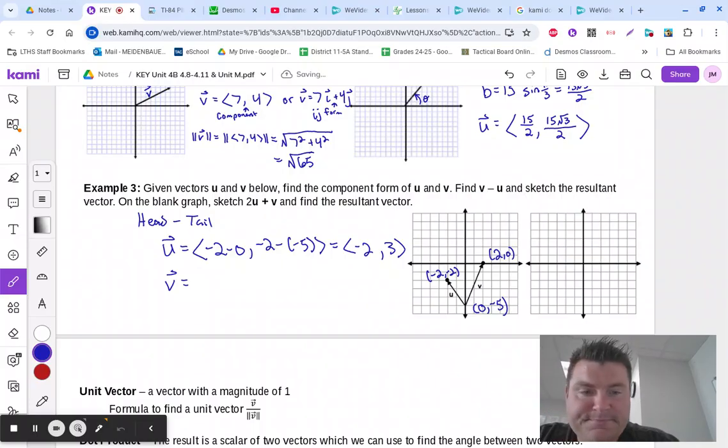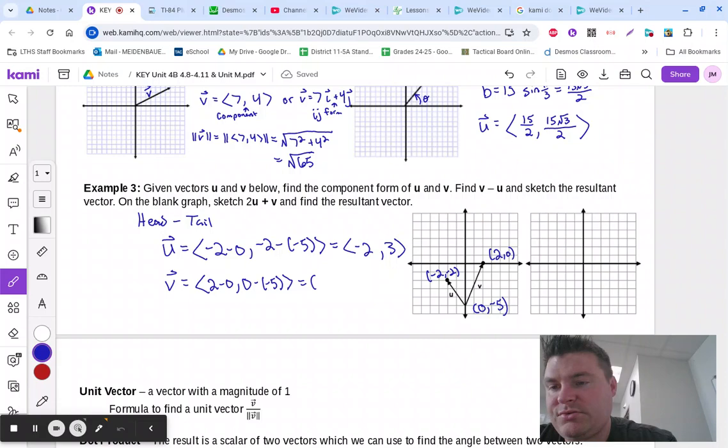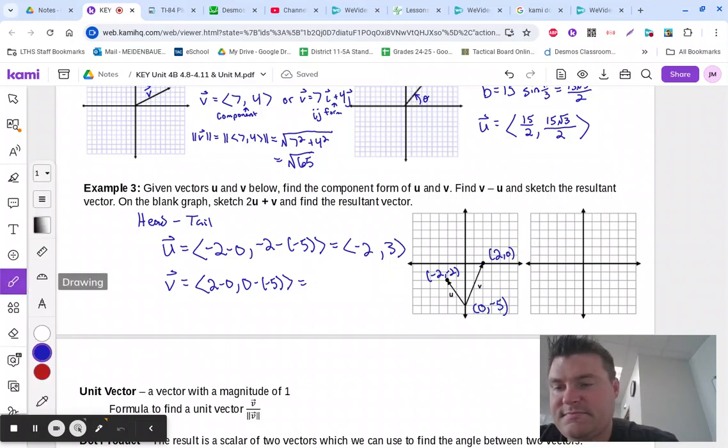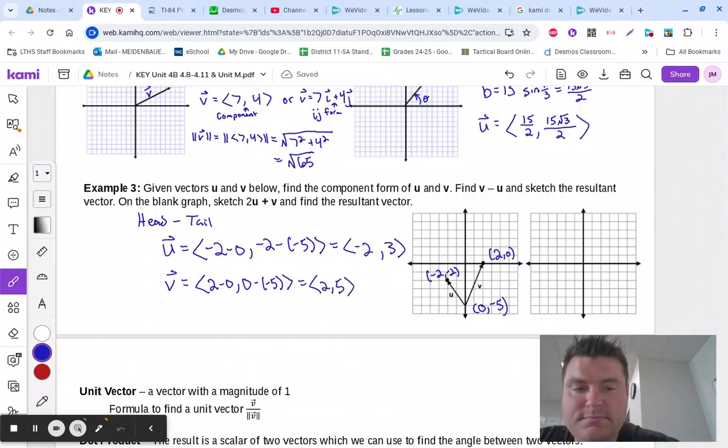For the v vector here, we're going to get 2 minus 0, comma 0 minus -5, which gives us 2, comma 5. Okay, so that's that first part.